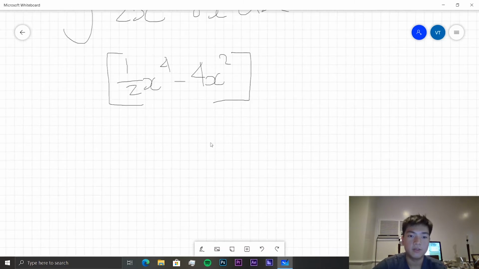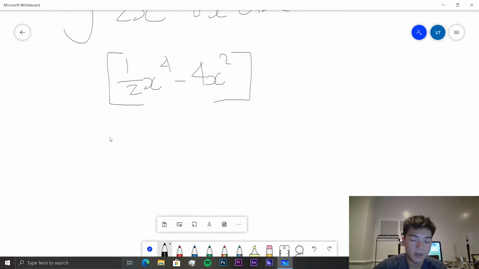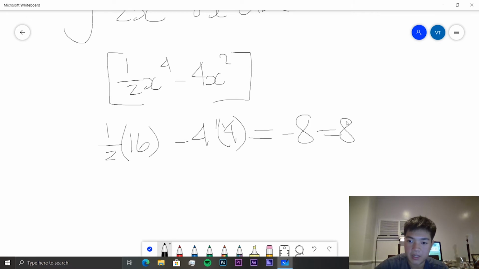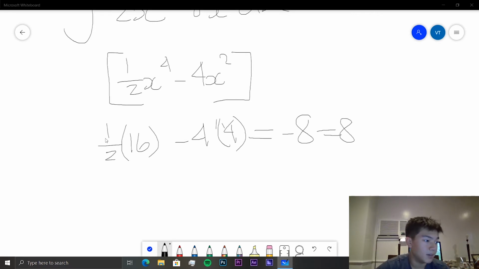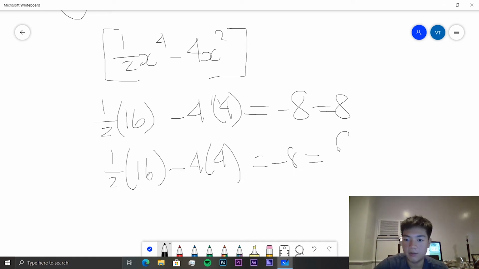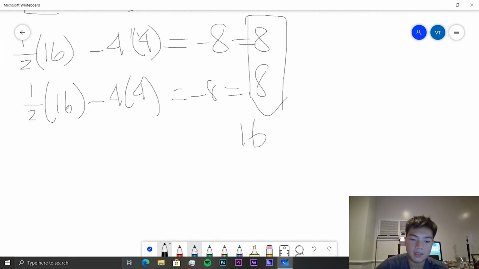Between negative 2 and 0, this will be 1/2 times 16 minus 4 times 4, which is equal to negative 8, so it's equal to 8 in absolute value. And likewise, on the other side, we get 1/2 times 16 minus 4 times 4 again, so this is also equal to negative 8. So the final answer is 8 plus 8, which is equal to 16. So the area bounded by these two curves is equal to 16. Okay, on to the next one.